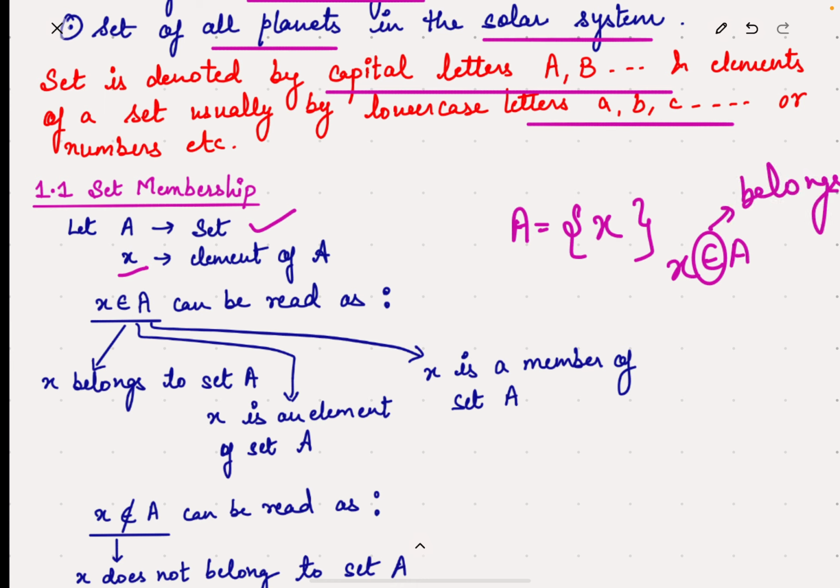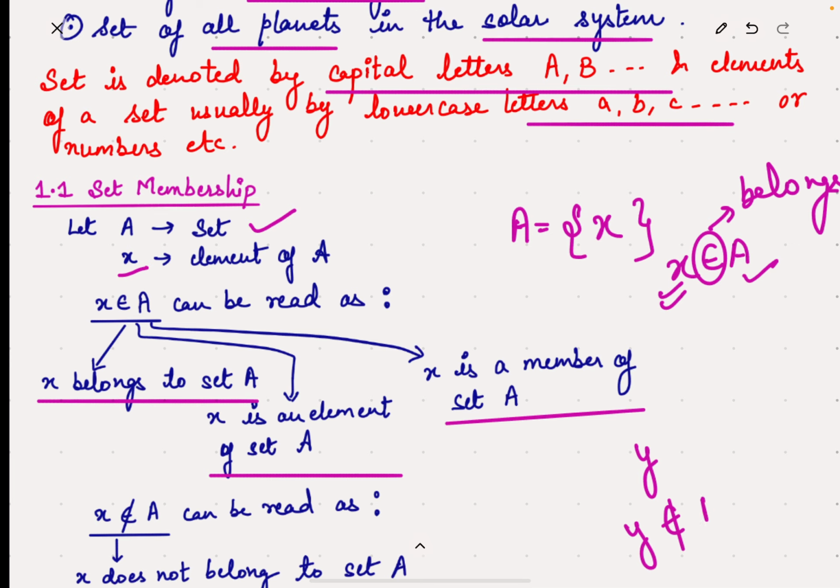This sign means that this particular element X belongs to set A. It can be read as X belongs to set A, X is an element of set A, X is a member of set A. If Y does not belong to set A, then we can say Y does not belong to set A. This sign represents does not belong.